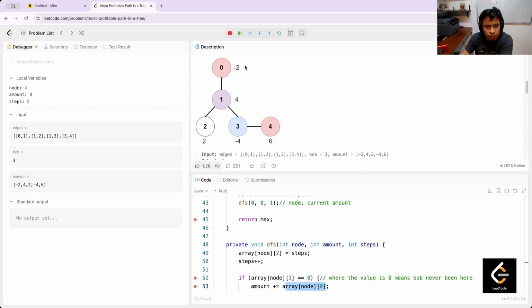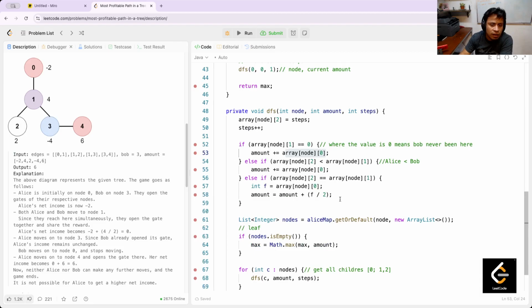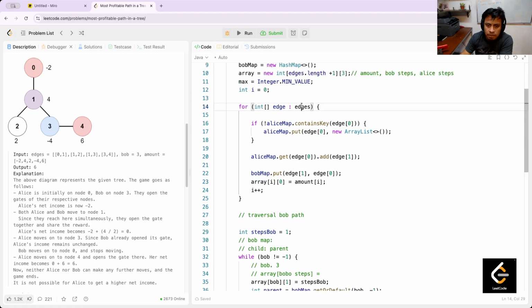Okay, I think that it does not fill the array the right way. This is a 0.